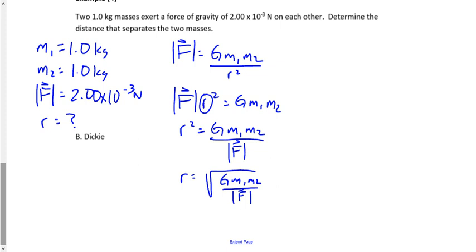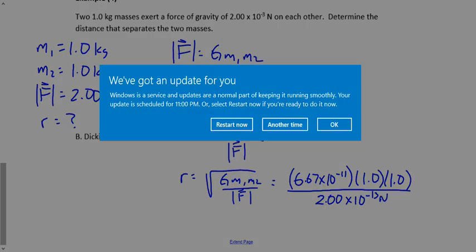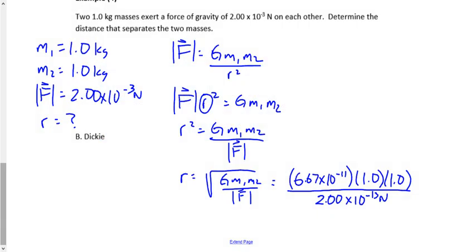Now, let's sub some numbers in for this. We're going to say G is 6.67 times 10 to the negative 11, as always. M1 is 1 kilogram, so is M2. Divided by the force of gravity that acts between the two objects, 2.00 times 10 to the negative 3 newtons. Let's square root that. And now let's do the math.